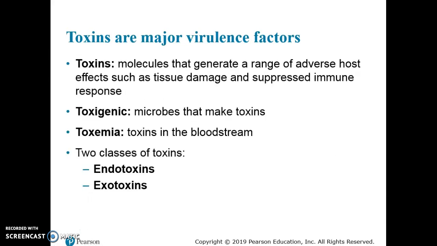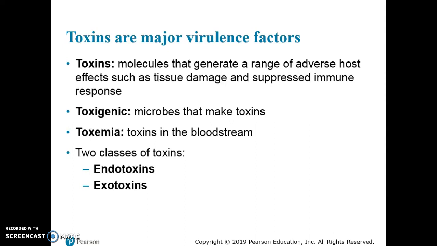All right, so toxins in general, they are major virulence factors. All right, toxins are going to be molecules generated by a wide range of bacteria and have a wide range of adverse host effects. They can be tissue damage, suppress the immune response, suppress muscle activity. All right, so if a bacteria or a microbe of any sort is toxigenic, it makes toxins.